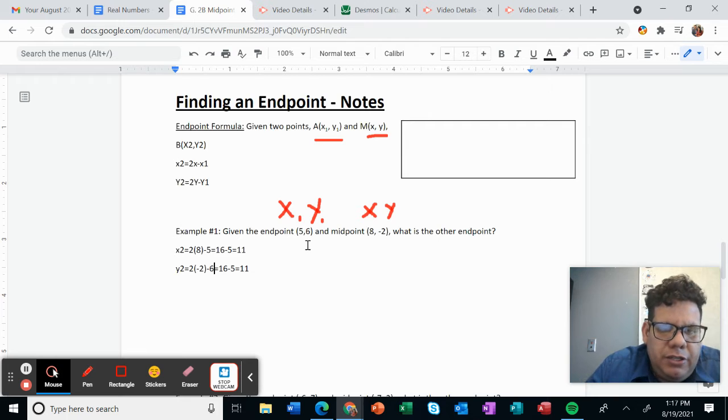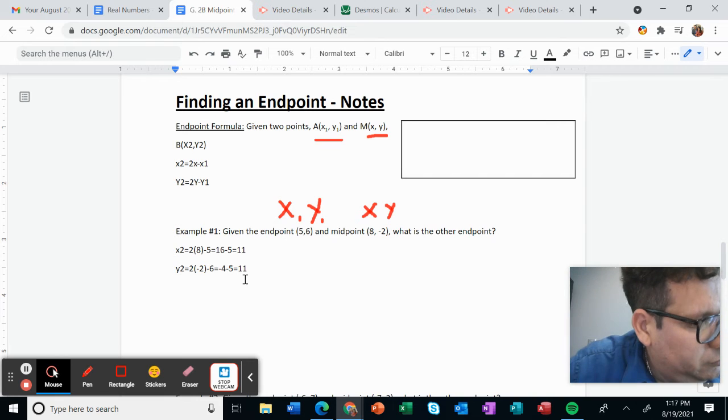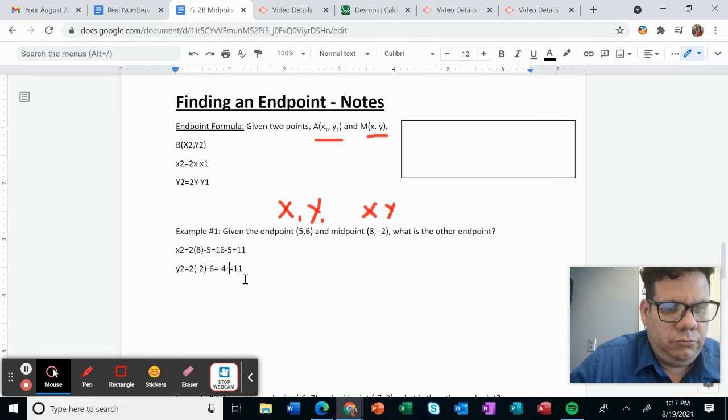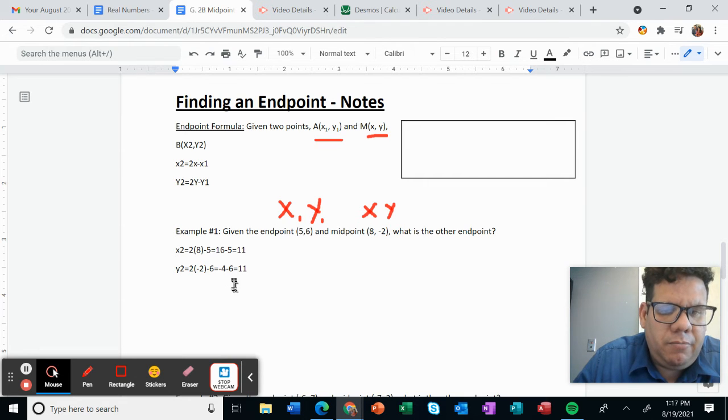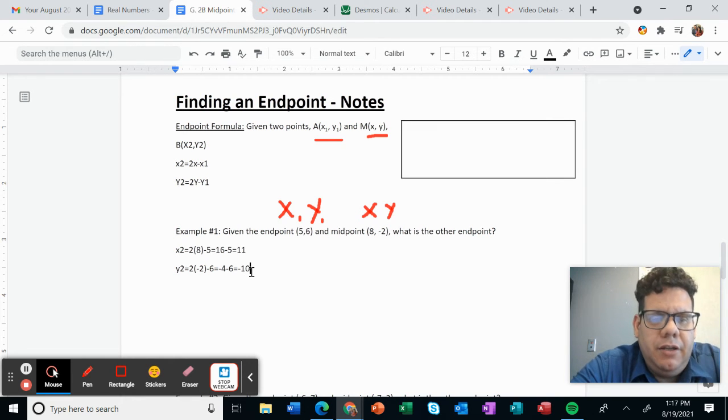You multiply 2 times negative 2, you get negative 4, and then you subtract 6, and negative 4 minus 6 is negative 10.